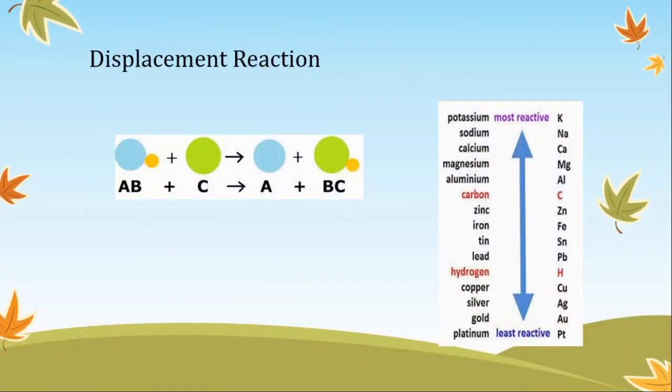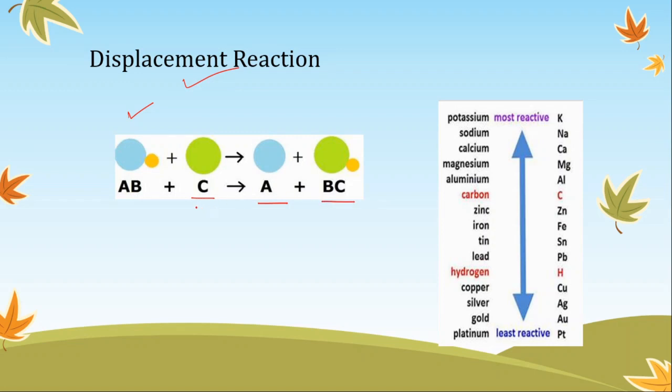So about this displacement reaction, we can generalize it in this form. This AB is a compound. When it reacts with C, it is forming A plus BC.